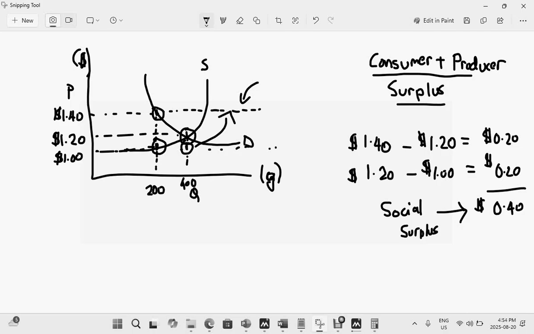So even if the gasoline prices went below $1.40, the producer would still be able to sell gasoline for $1.40, regardless of the market prices, regardless of the prices in the stock market. So again, this is where the producer is far better off than the consumer. This is how price ceiling and price floors work.